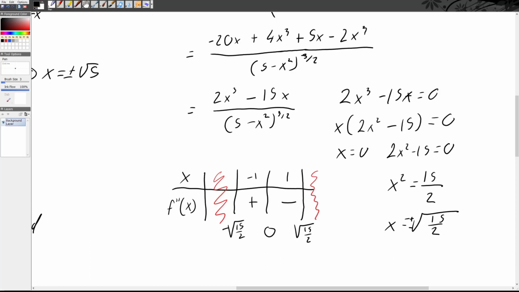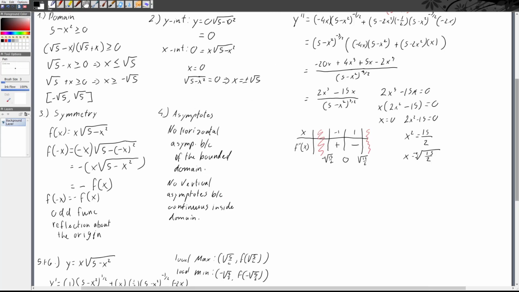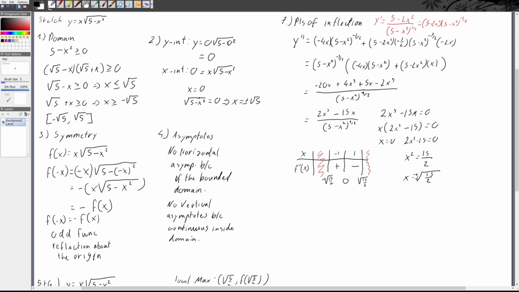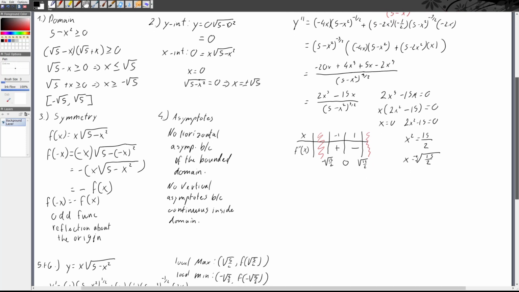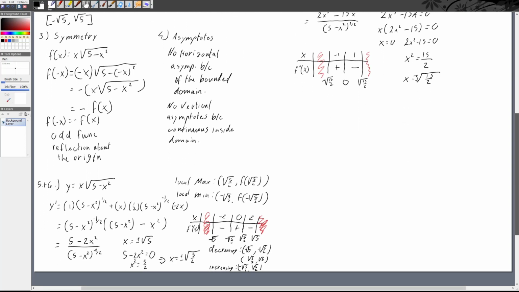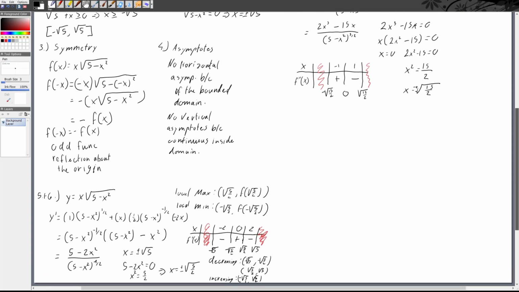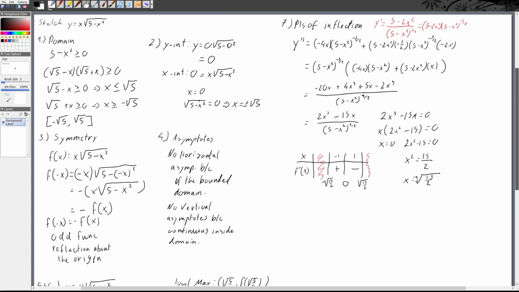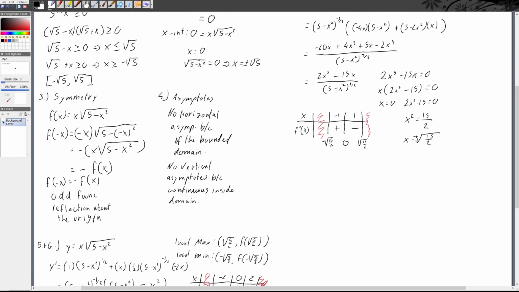So let's take a look at what we have so far. So far, we have domain, symmetry, intercept, local max, local min, increasing interval, decreasing interval, and also concave up, concave down.